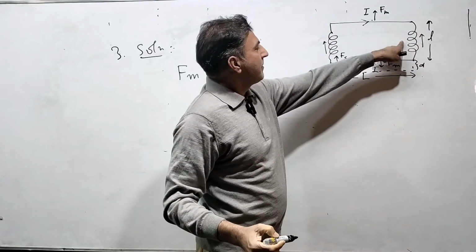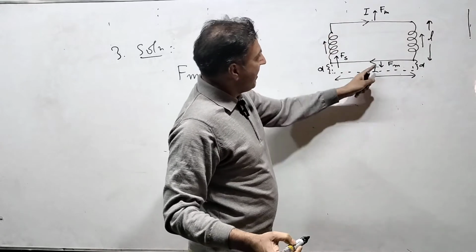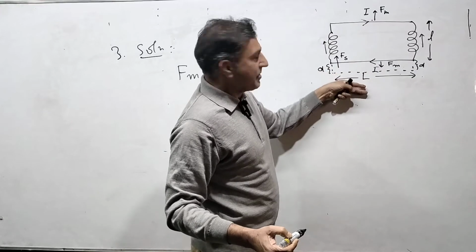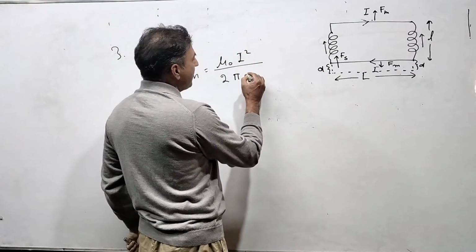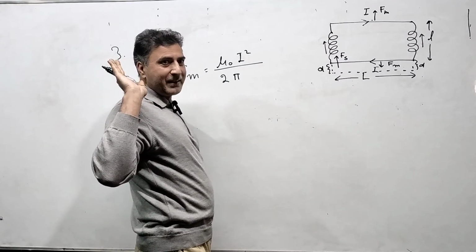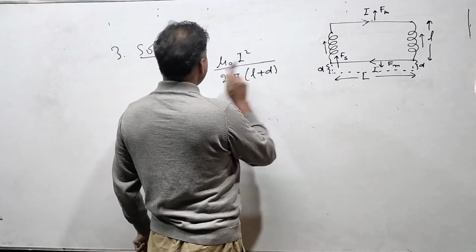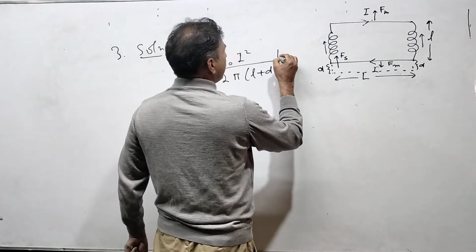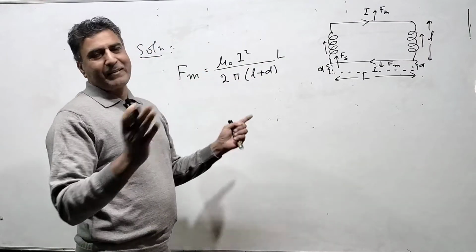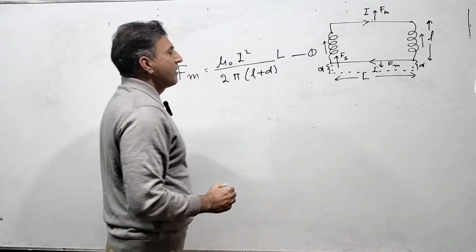It is not L, because by the time there's a current flowing, they will repel away from each other, and this conductor will go down by D because of the repulsion. So it is not L here. The way we write 2 pi r there for two conductors, we should write L plus D here, into the length of the conductor. We are following the earlier equation that we have given for two current carrying conductors creating a force on each other. So it is equation number one.